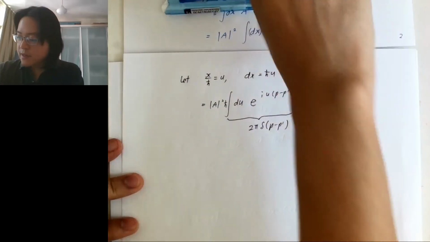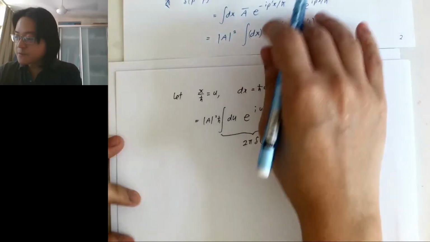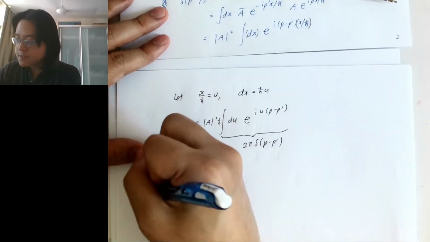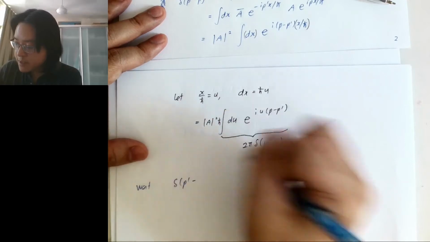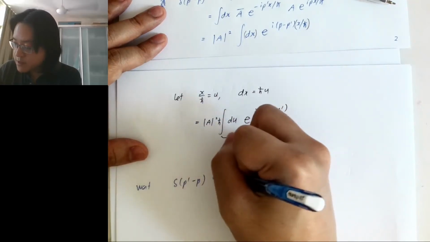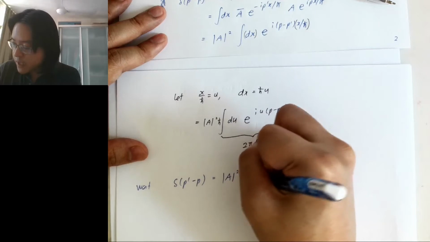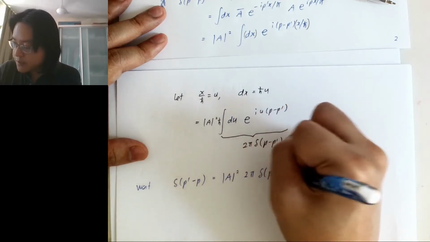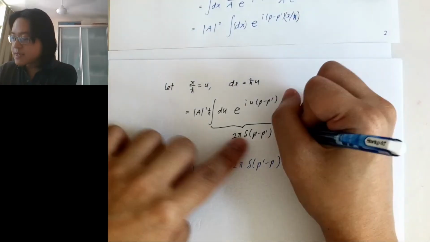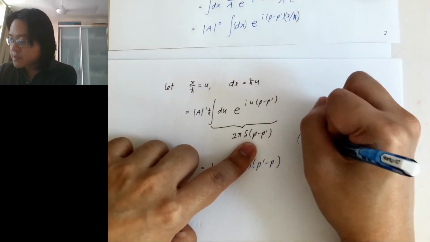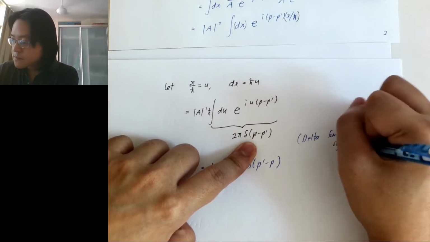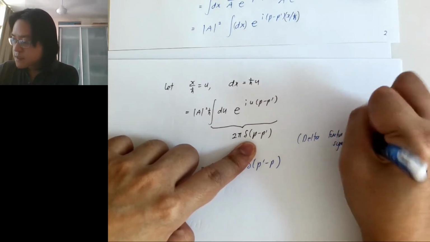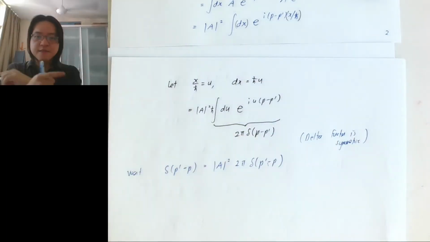So that means I come to the conclusion that, continuing this equation from previously, delta of p prime minus p is equal to a squared 2 pi delta of p prime minus p. By the way, the delta function is symmetric, so the negative sign and positive sign should be the same.